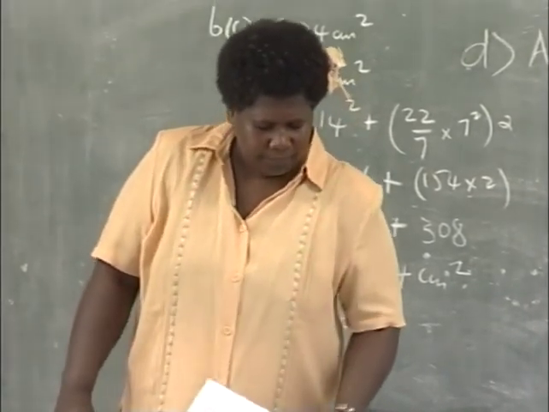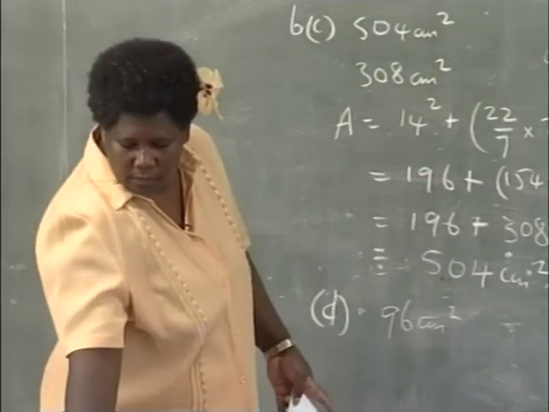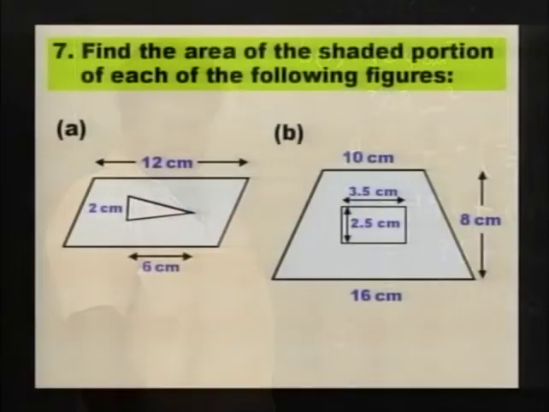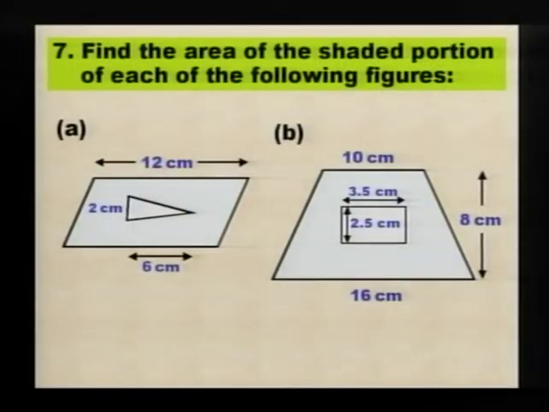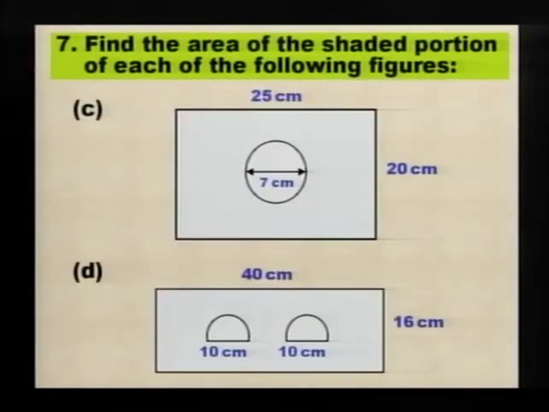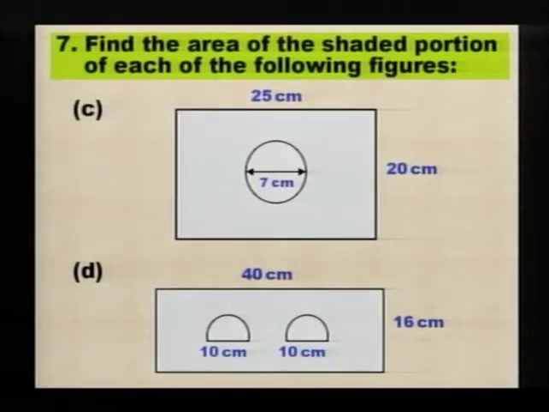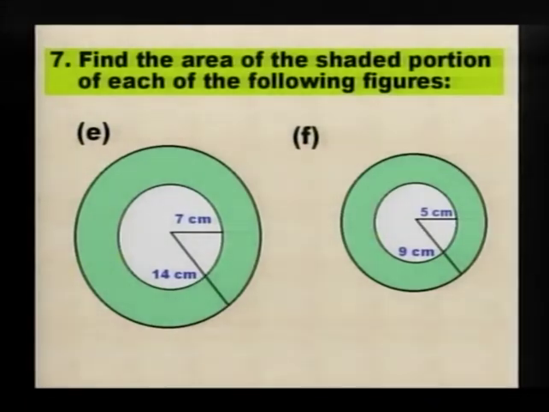All right, number 7, I would like the following to come and do question 7 on the board. Now for letter A, the perpendicular height should be 6 centimeters. It's very easy to do. So 7A, Patrick. 7B, Chutaili. 7C, Dan. 7D, Jake. 7E, Taumaku.